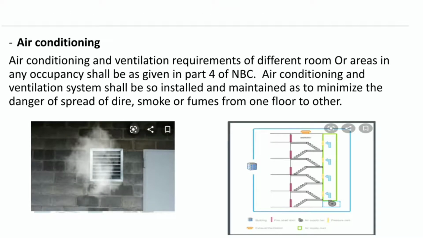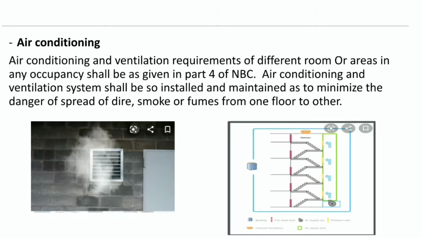And air conditioning. Air conditioning and ventilating requirements for different rooms or areas in any occupancy shall be given in Part 4 of the NBC. Air conditioning and ventilation systems shall be installed and maintained so as to minimize the damage from spread of smoke and fumes from floor to floor.